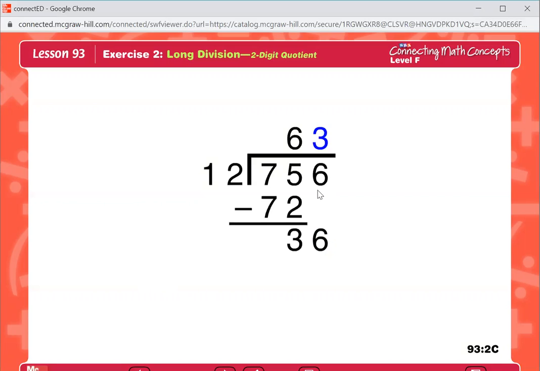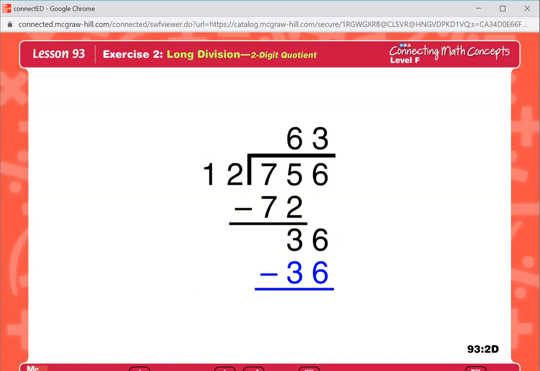The new multiplication problem we have is 12 times 3. So we're going to balance this out now. So we're going to do 12 times 3 and plug the answer in down here. And what is 12 times 3? 36. So we're going to subtract 36 from 36.